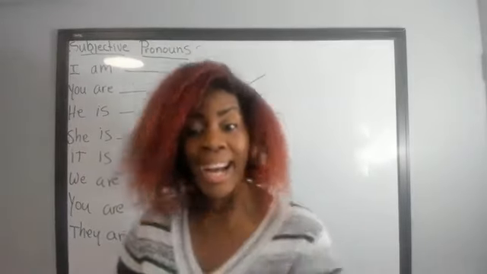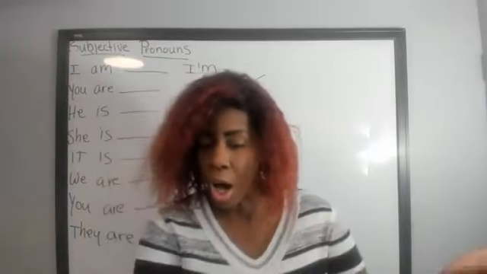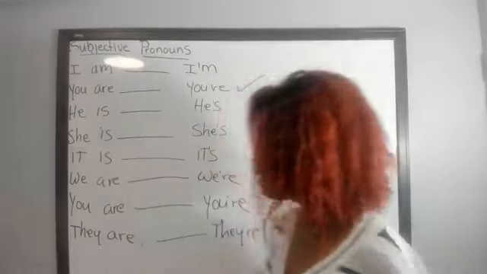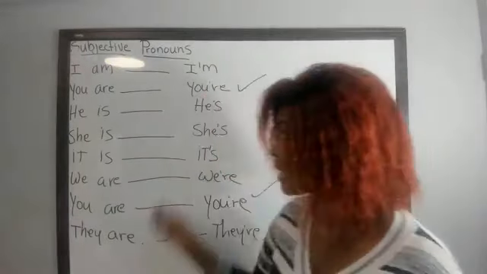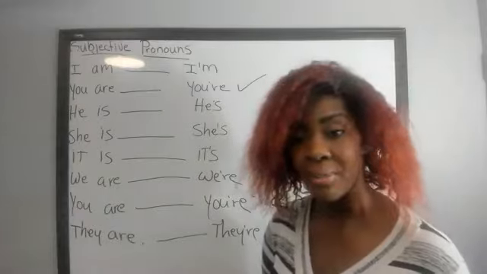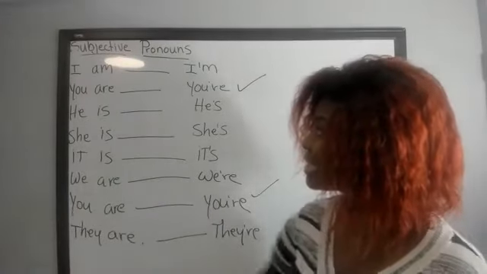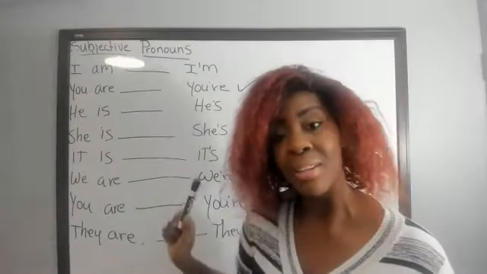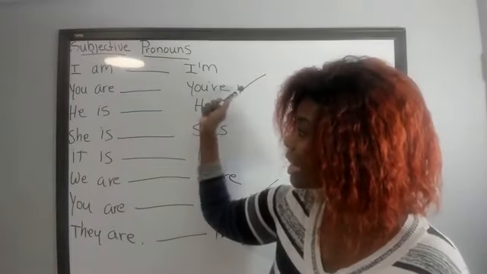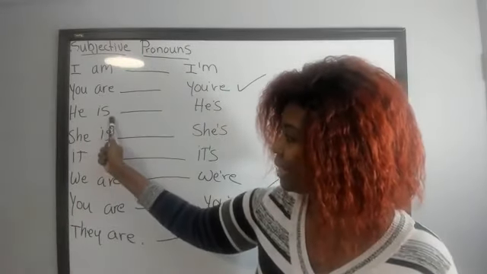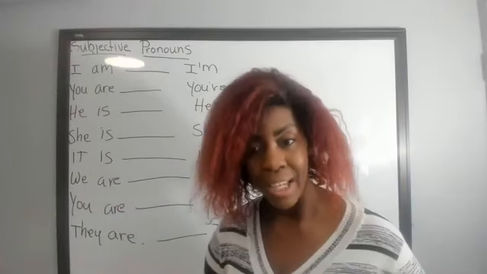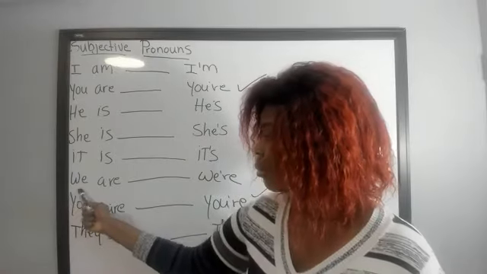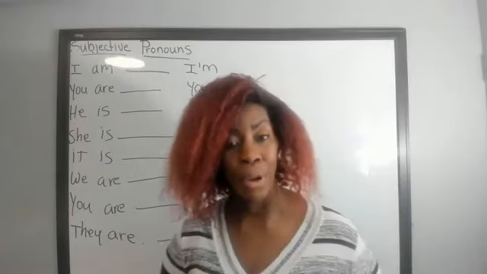John, you are kind, or you are tall, or you are short, or you are big. But when I am using this you, this is plural. That's not singular. This is singular. This is plural. This is first person singular, second person singular, he, she, and it, third person singular. We are, first person plural, we.